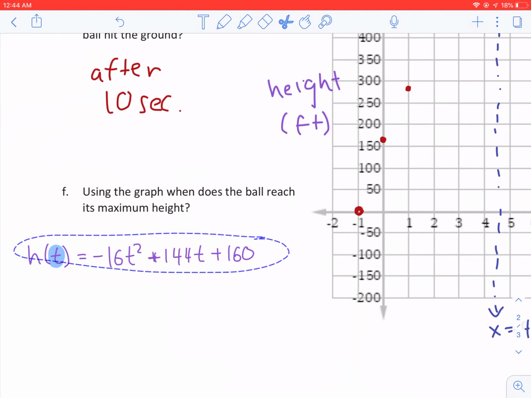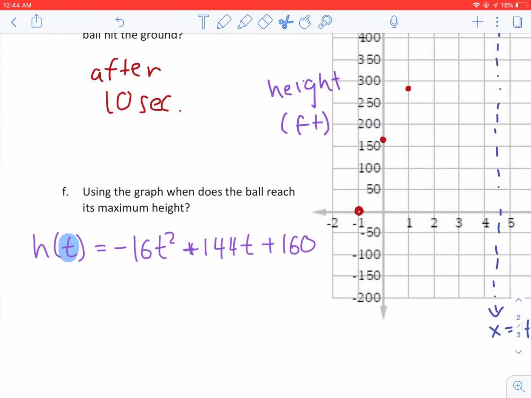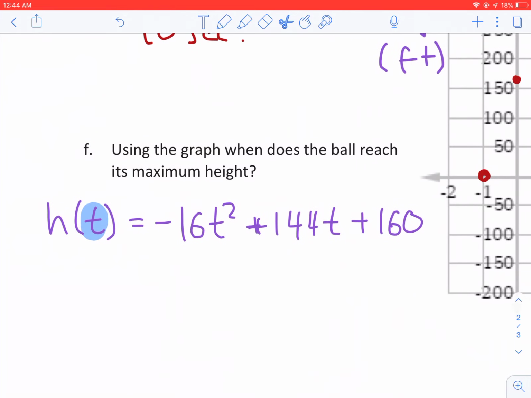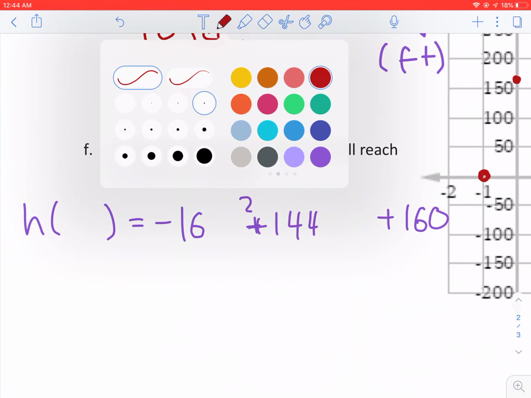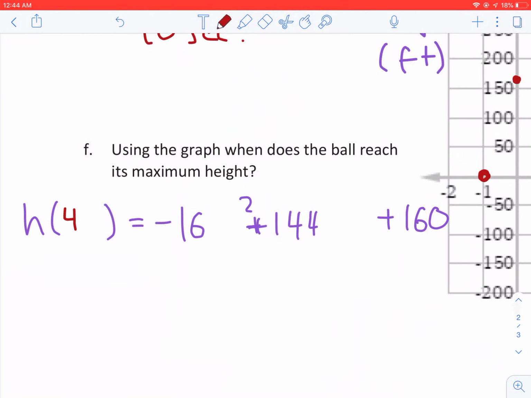So one more time, I think I still got it. Yes, it's still here. I'll copy and paste this equation one more time. To find when the graph reaches its max height, I'm going to plug in a 4.5 for t. And making some space. And I can leave it as red. So h of 4.5.